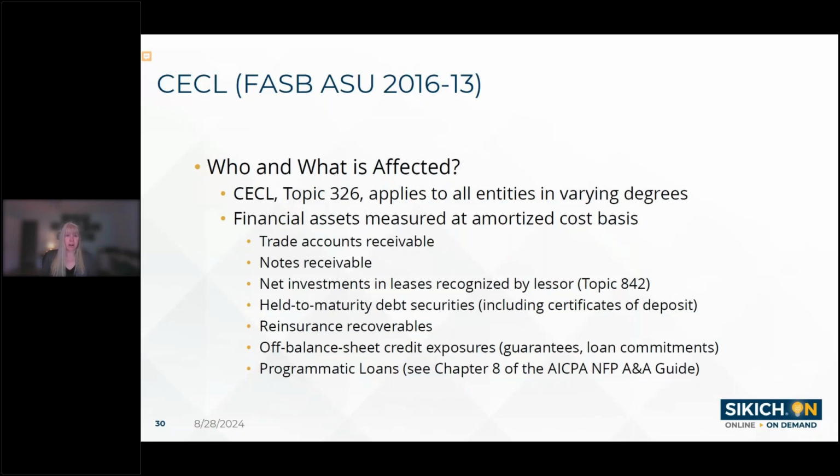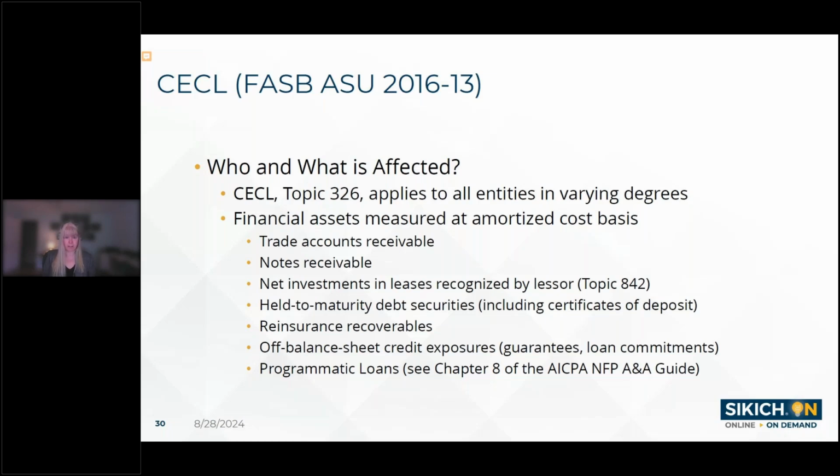CECL applies to all entities, and that would include not-for-profit organizations. It applies to financial assets that are measured at amortized cost basis. So assets that may be within the scope of CECL would be your trade accounts receivable, or your program service fees receivable, notes receivable, net investments in leases recognized by a lessor under Topic 842, held to maturity debt securities, including certificates of deposit.